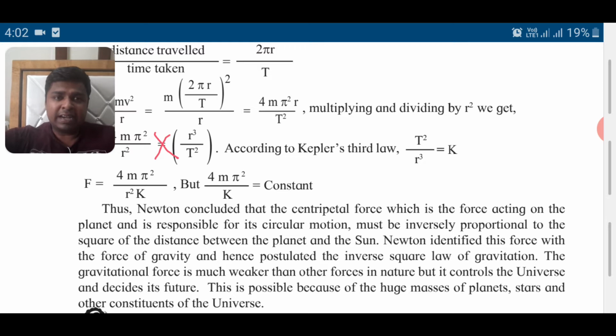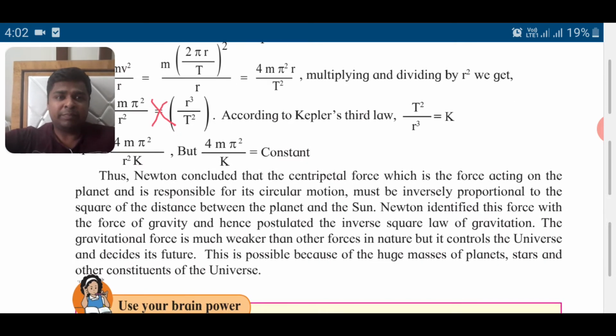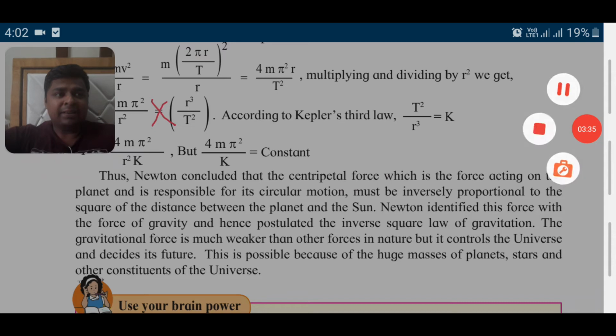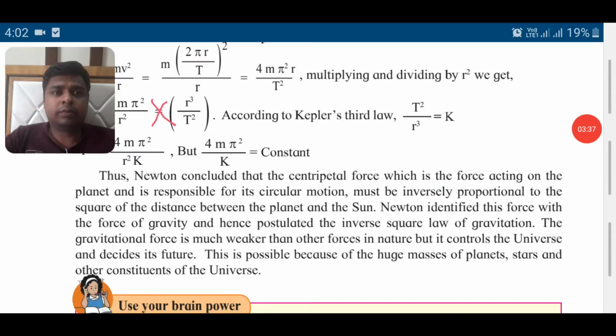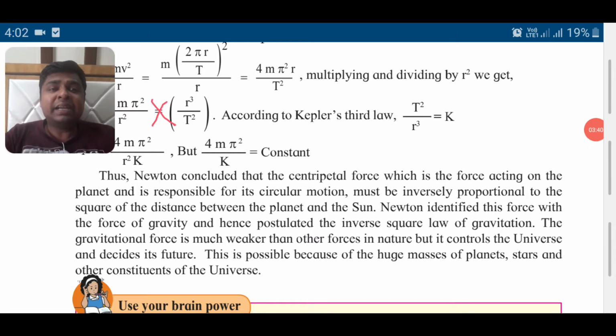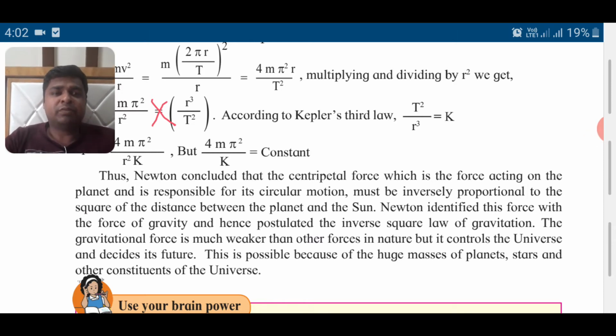So F, that is gravitational force, which is the centripetal force required, is inversely proportional to the square of the distance between them. So Newton concluded that the centripetal force required for circular motion is inversely proportional to the square of the distance between the planet and the sun.